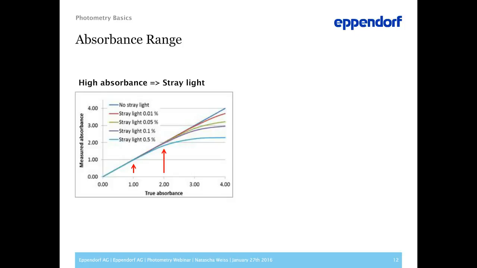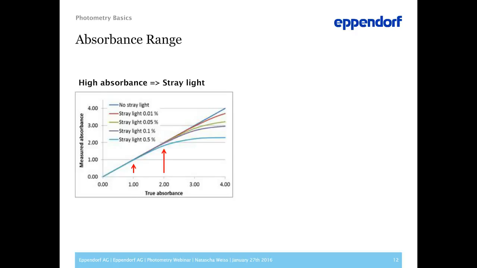In the left figure, the influence of different amounts of stray light is shown by a plot of measured absorbance values versus true absorbance. Only when no stray light is present, which is, of course, theoretical, can total linearity be achieved.